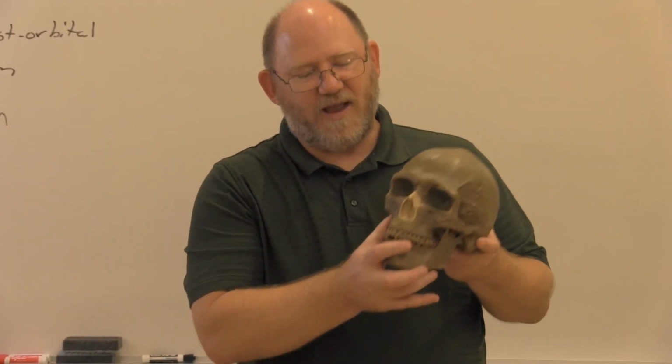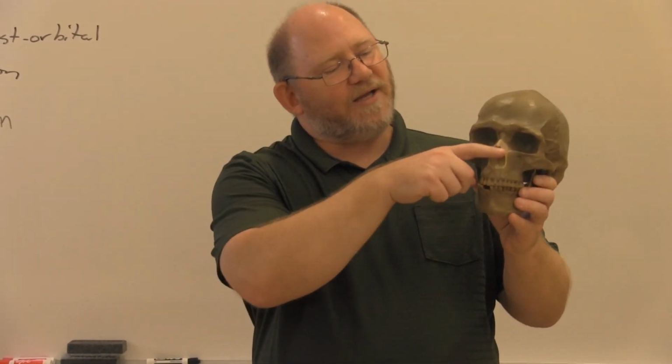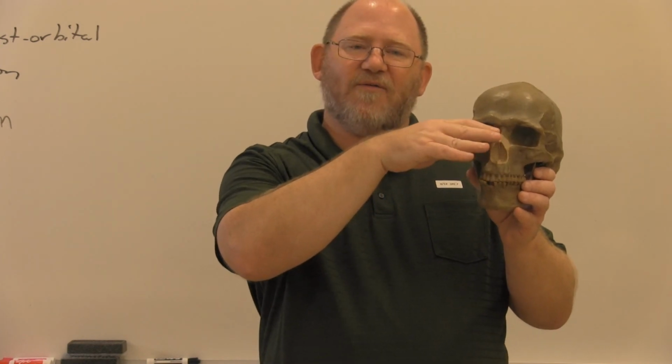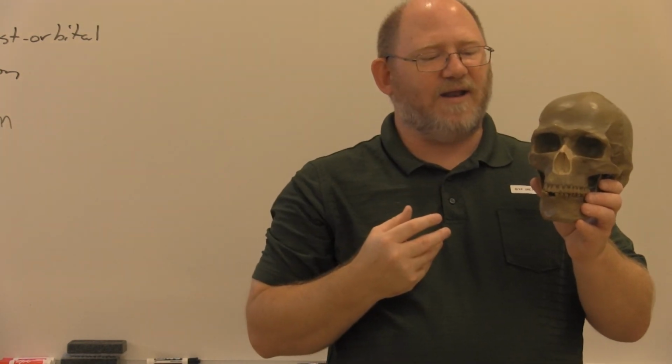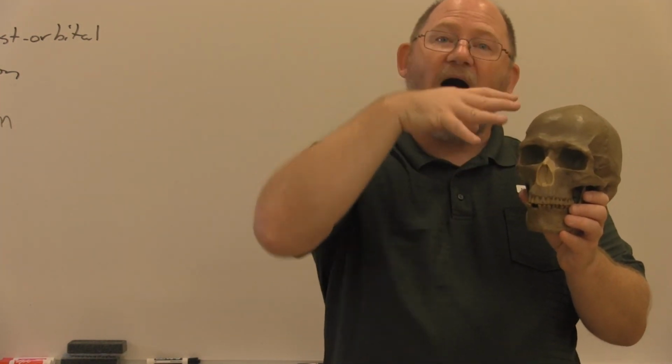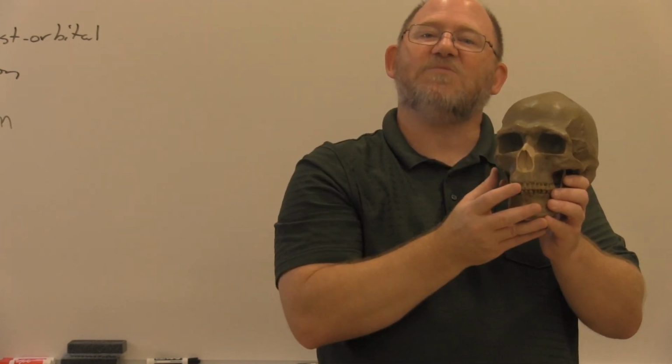Something that I also talk about is if we look straight at a modern human versus a monkey or the cast of one of our earliest hominids, how much of the entire face, when you look at an individual, is above the eyes versus how much of the face is below the eyes.